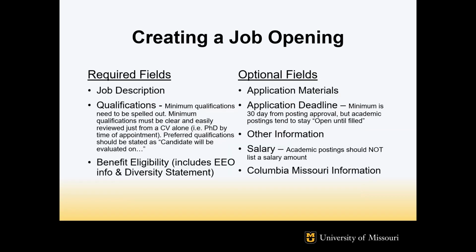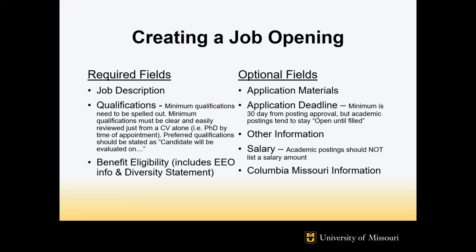When creating the online job posting, there are certain fields that are required and then some that are optional. All academic job postings must have the job description, qualifications, and the benefit eligibility language. All other fields are optional and up to the department if they want to include. However, we do request that you do not list a numerical amount under salary in the job posting.